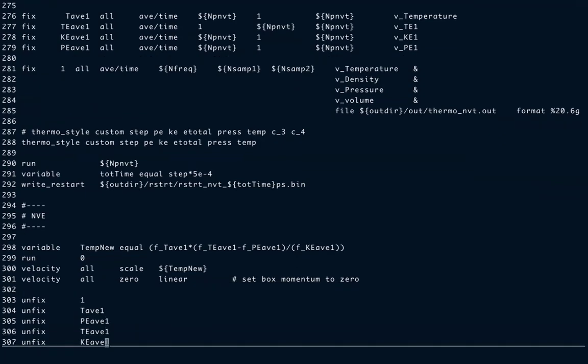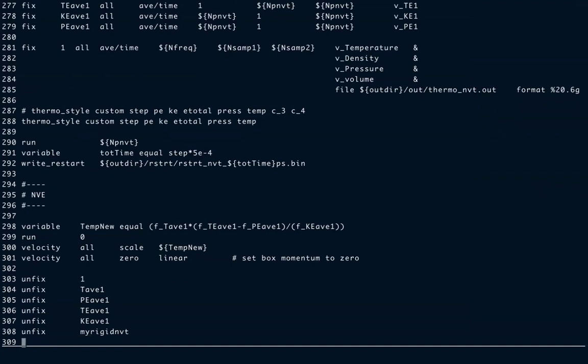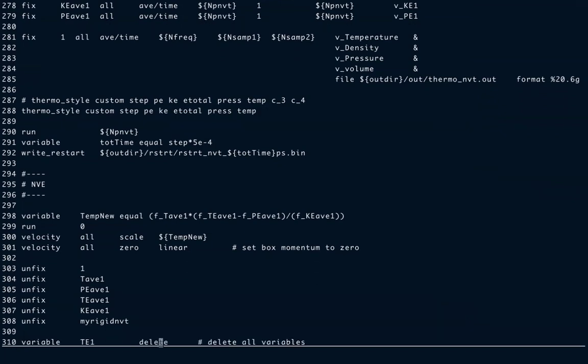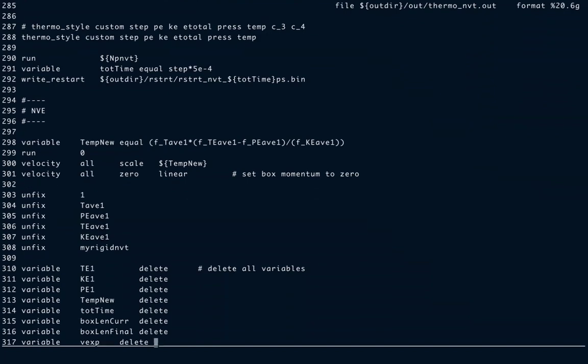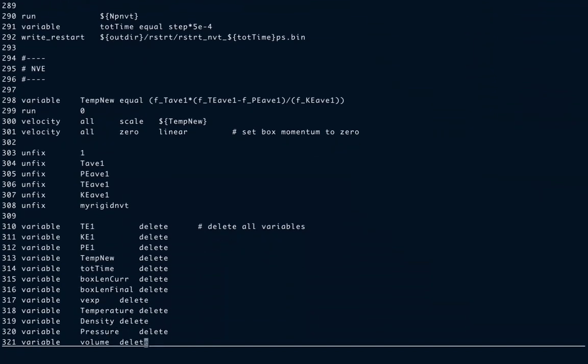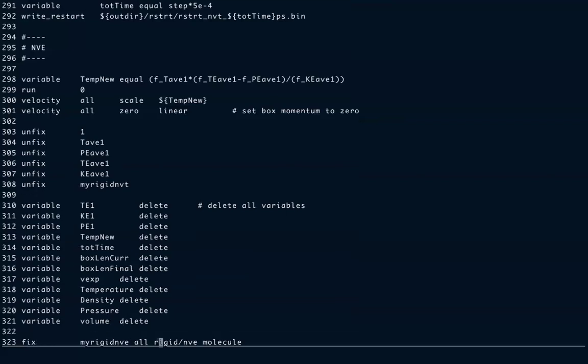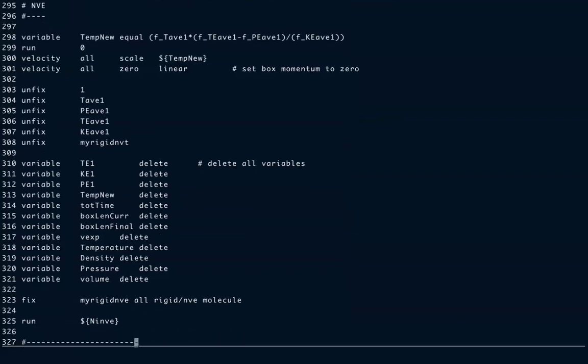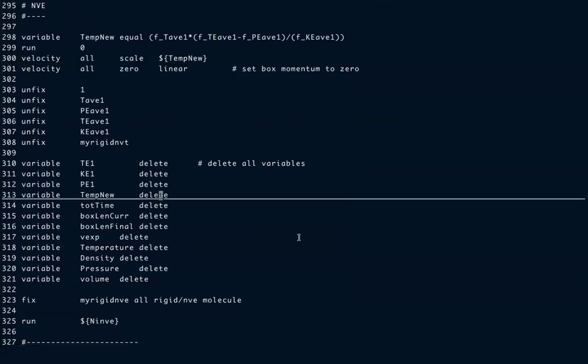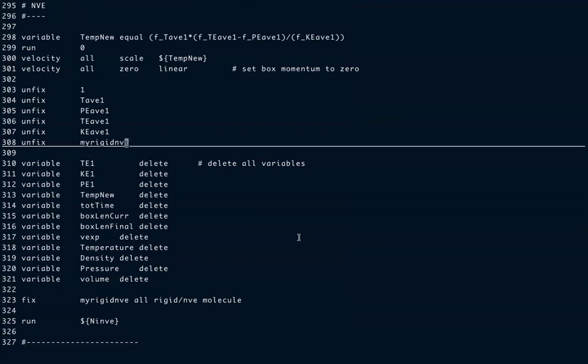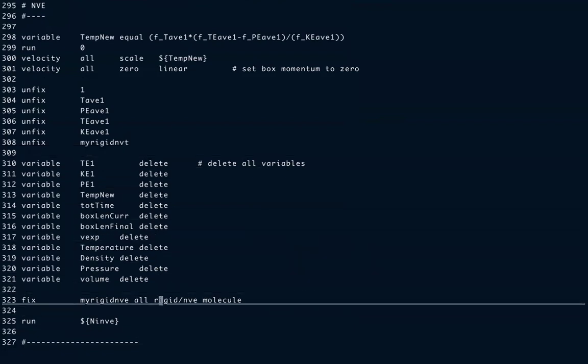Now I unfix all of the variables shown here that were used for the calculation of this new temperature. And I also delete some of the variables that were used for the previous purposes. Notice that now I have unfixed the NVT phase, and I fix now the rigid NVE phase.